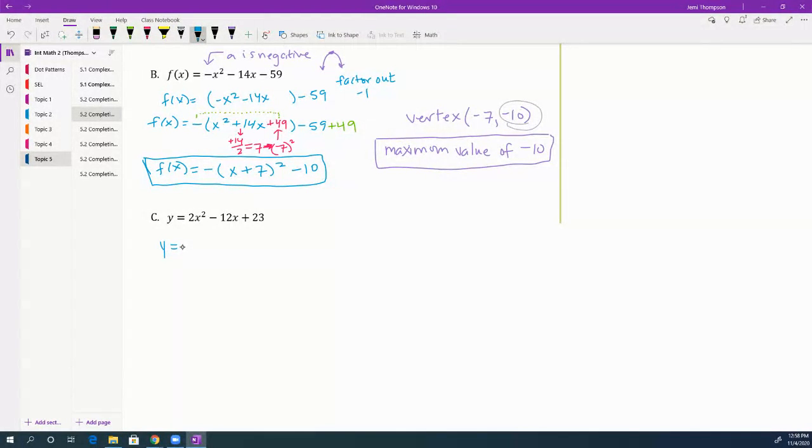Y is equal to, I'm going to group my squared term and my linear term, keep my 23 out of the way, and I'm going to factor out that 2. So I'm going to bring it out in front. When I bring it out, remember I have to bring it out of all of these. So don't mess with the x's, just take the 2. It's going to leave me with a minus 6x in here. I didn't take a 2 out of the 23 because I'm only taking it out of what's in the parentheses.